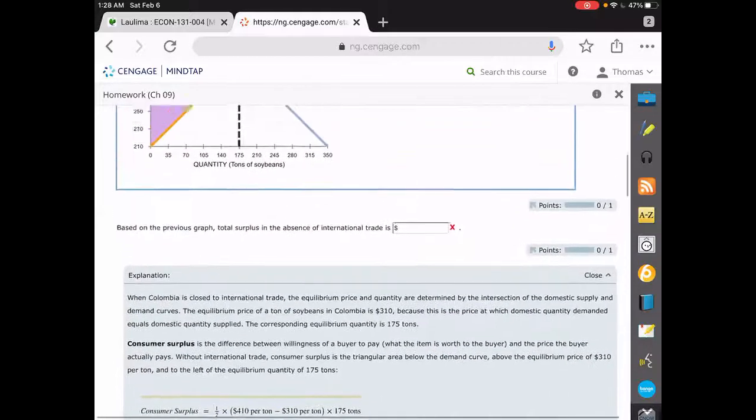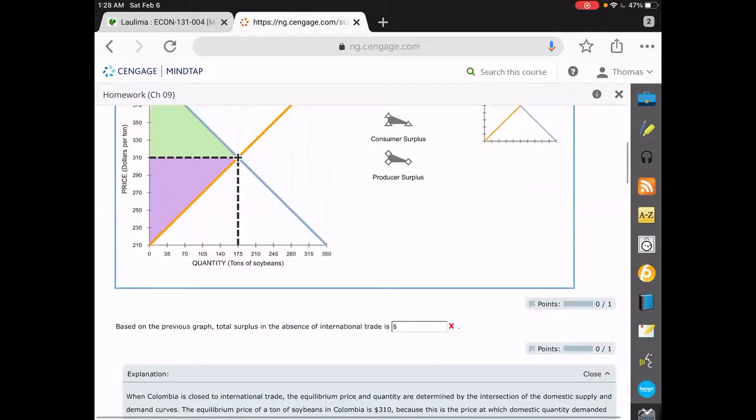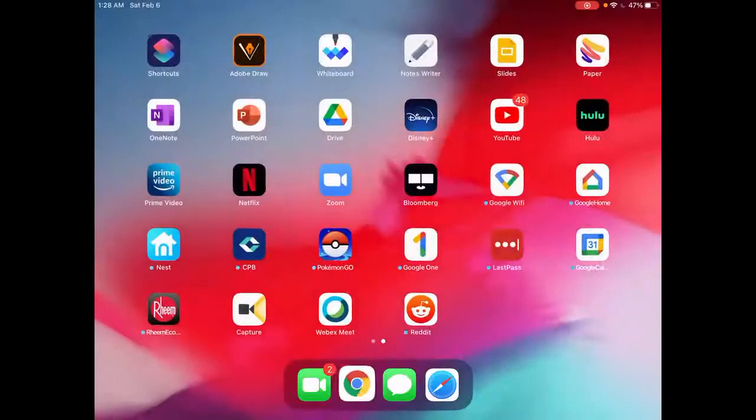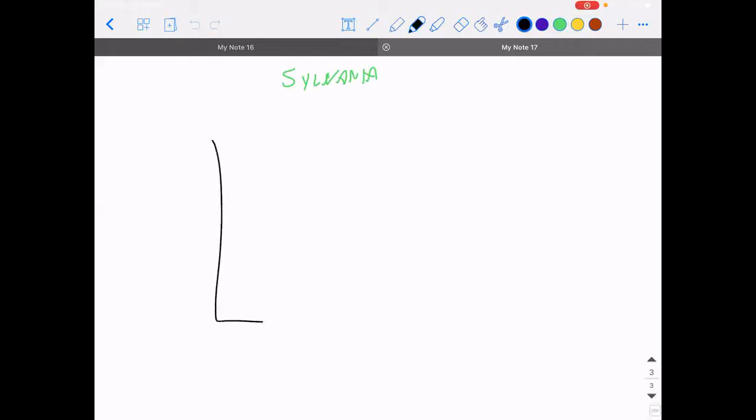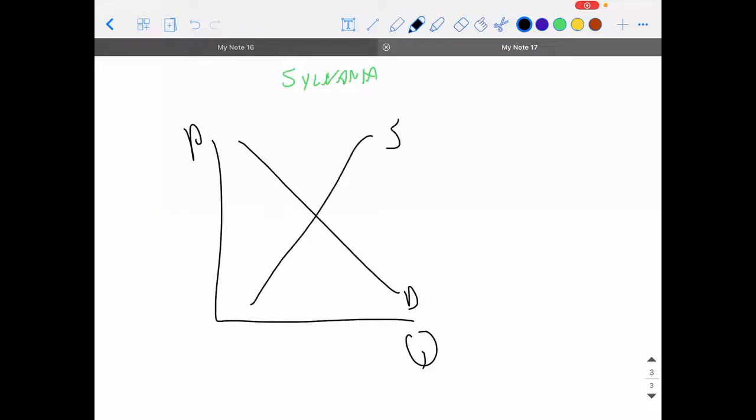Now we need to calculate this. So let's talk a little bit about how to calculate these things. If this is the consumer surplus, the area is equal to 1/2 base times height.